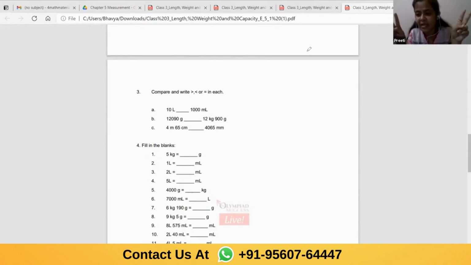In measurement, very, very important, if compare questions come, it is your wish which unit you choose out of left hand side and right hand side. But on both the ends, first make sure units are same and then compare like you compare the numbers normally.